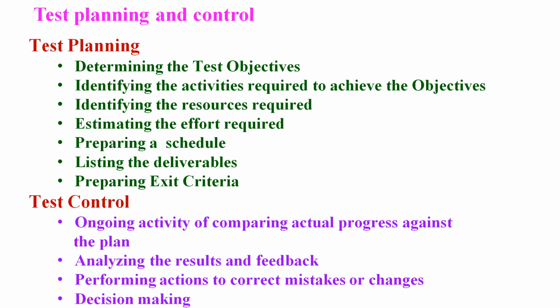And estimating the effort that is required is called person days, PDs: how many persons we need for how many days. This is called estimation. Even estimations have two types: one is effort estimation, the second is productivity estimation.